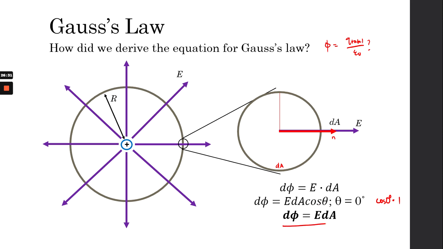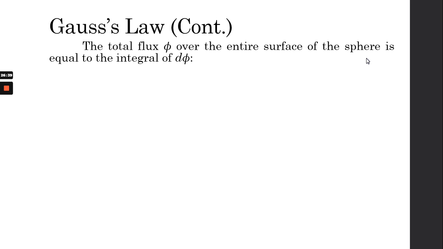Now what we are going to do is take this and turn it into this equation. So how are we going to do that? Understand that the total flux again is equal to the integral of the differential flux.